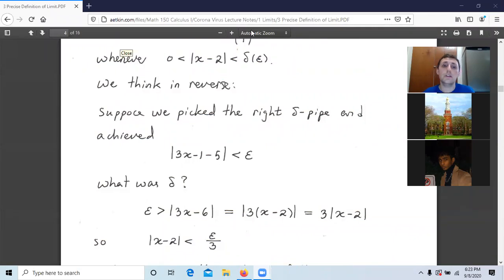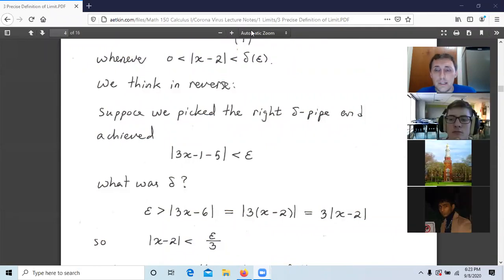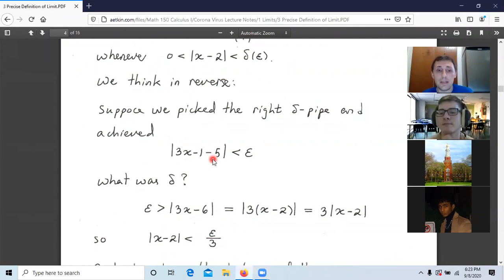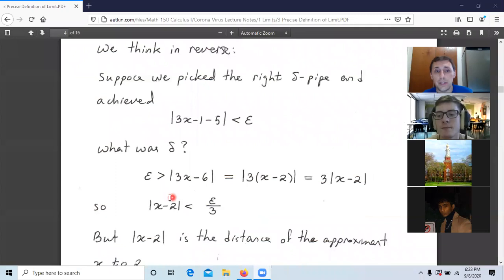The question is this. We found that delta, you see, I was able to say that here is what my calculations did, as follows, right? If the particle, which lands at 3x minus 1, was within epsilon away from 5, that means that |3x minus 6| is less than epsilon, which means that the distance between x and 2 was less than epsilon over 3.